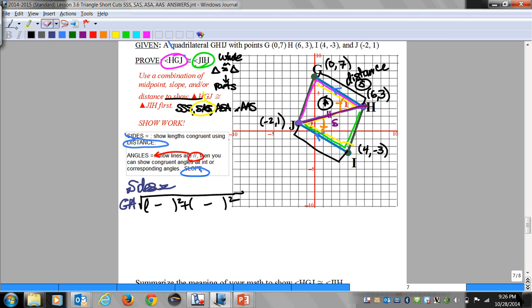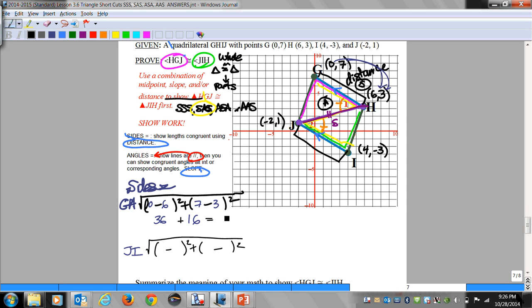Okay, let's do GH first. GH, I'm going to go 0 minus 6 and 7 minus 3. 0 minus 6 is negative 6 squared, that's 36, plus 7 minus 3, that is 4 squared, that's 16.